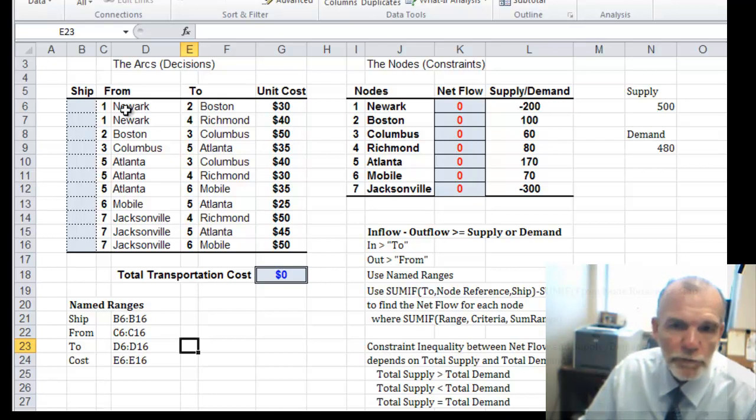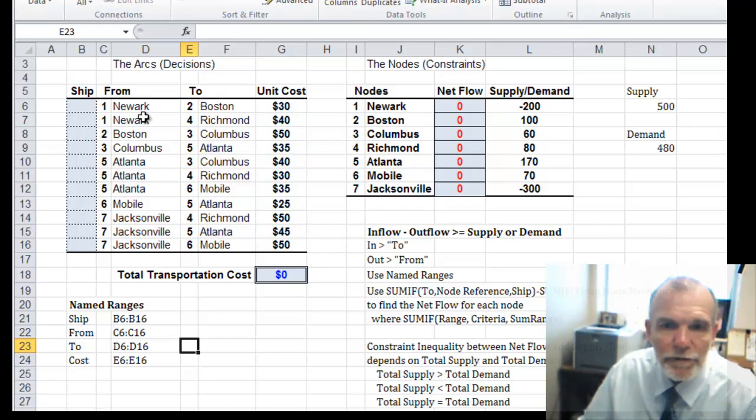So one of the arcs went from Newark to Boston, or from node 1 to node 2. The arc along that path was a unit cost of $30. And so for each of those arcs, we've represented where it starts and where it ends, and the cost for shipping something along that arc.